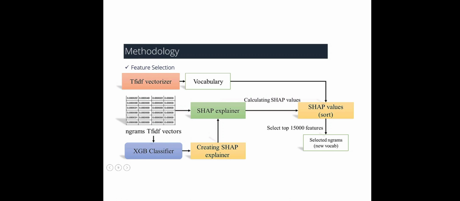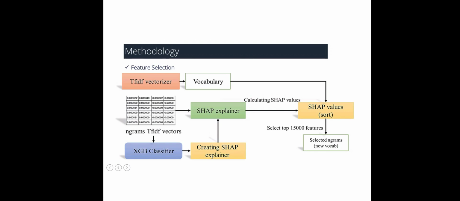So these SHAP values encode the importance of a feature in predicting the model output, which in turn can be used to order the features based on their importance. Selecting a subset of D features based on SHAP values means selecting the top D features based on their importance and their contribution to model prediction.